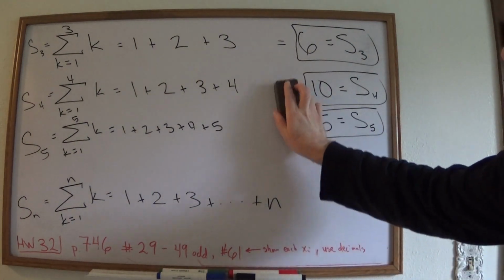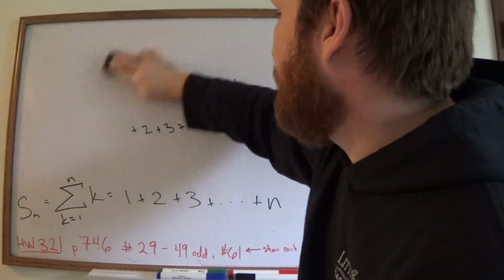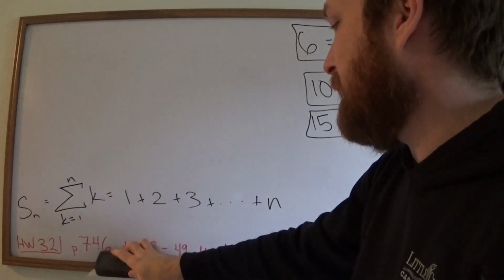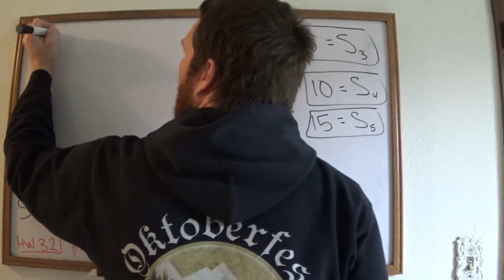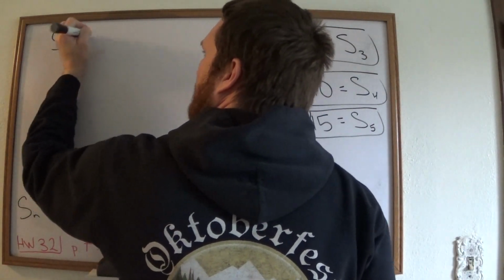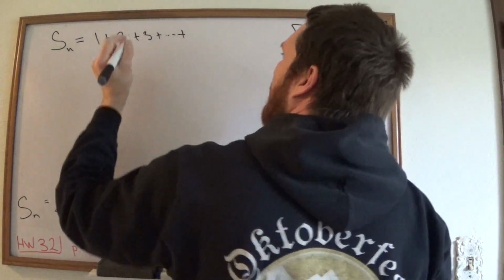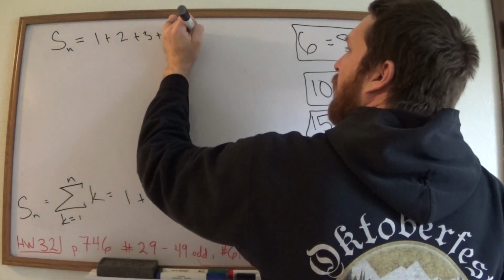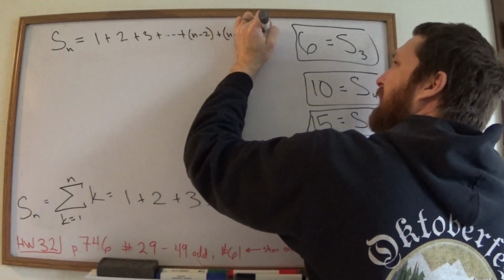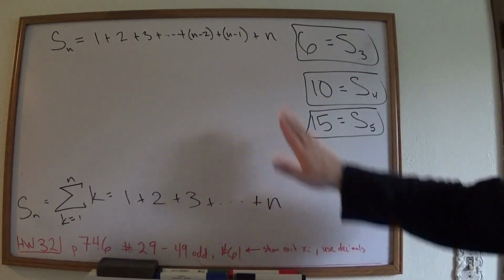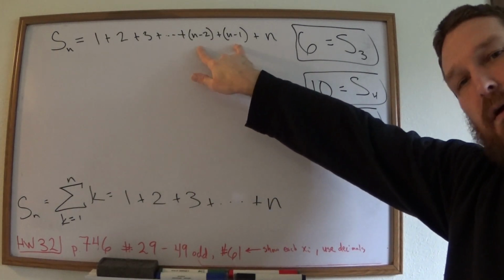Now what I want to do, because I'm going to use that to check this formula that I'm about to derive. I'm going to derive this formula. So first off, S sub n, the nth partial sum, is just 1 plus 2 plus 3 plus all the way up to, well, n minus 2, n minus 1. Finally it ends at n. Yeah, sometimes it's nice to include some of these in your work.